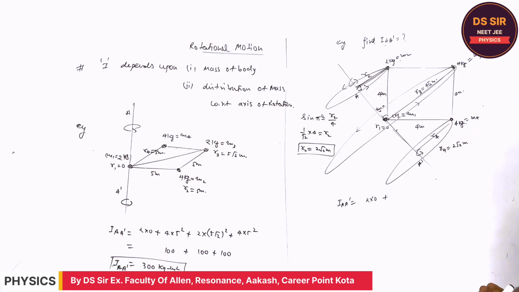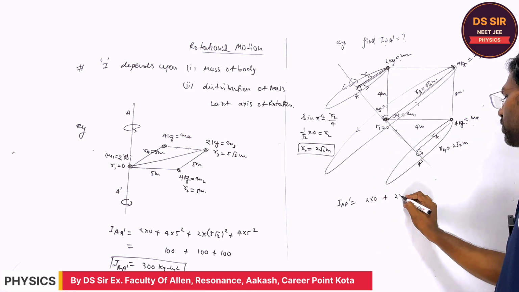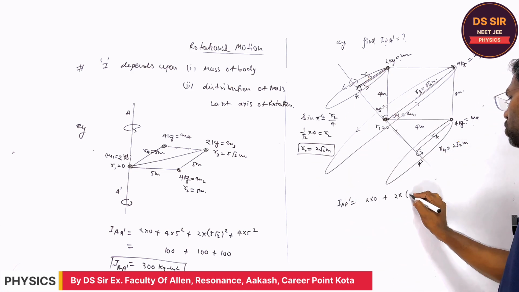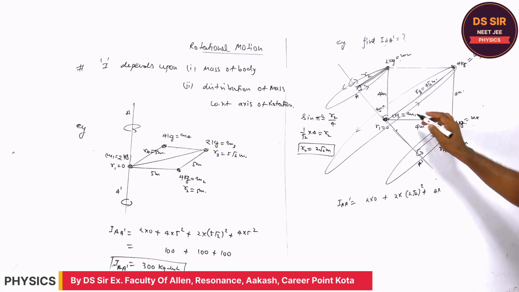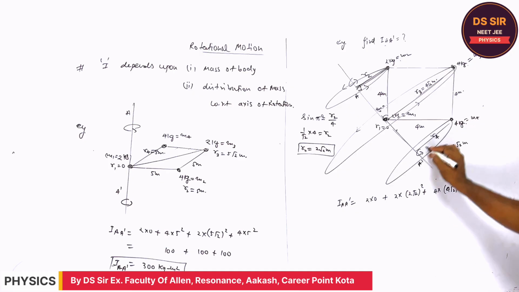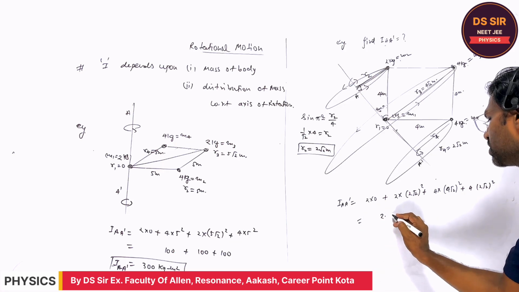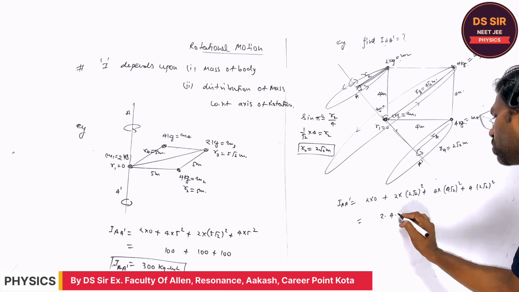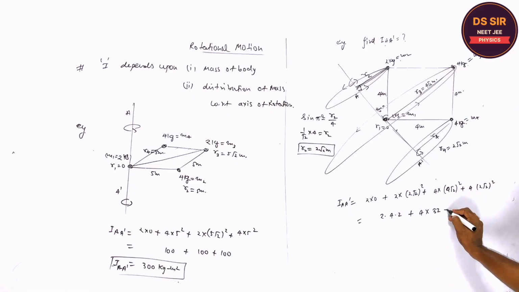Getting or not? So M1 R1 square plus M2 into R2 square plus M3 into R3 square, 4 root 2 square, plus M4 into 2 root 2 square. Then we can simplify this into 4 into 2 plus 4 into 4 fours are 16, twice 16 is 32, plus 4 twos are 8, twice 8 is 16.